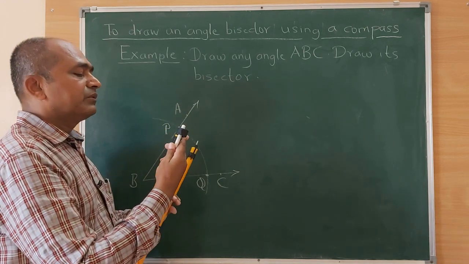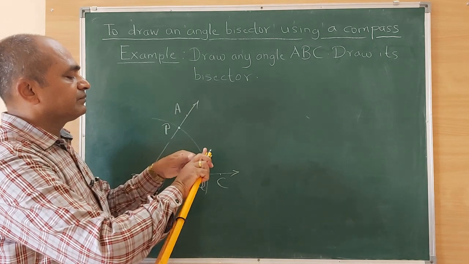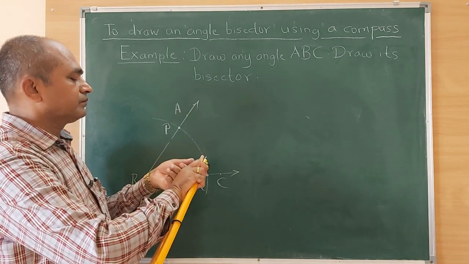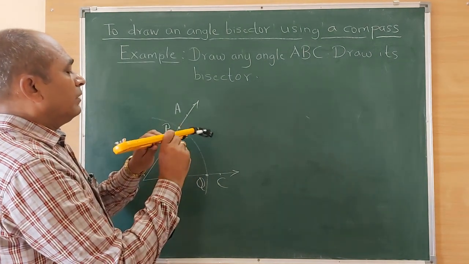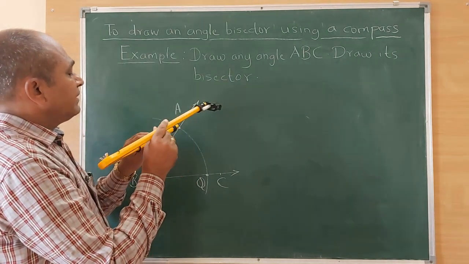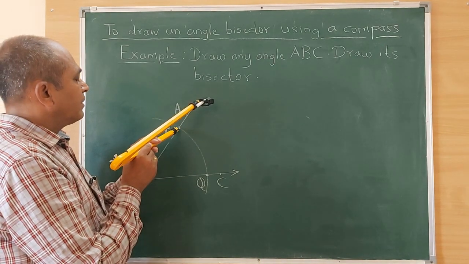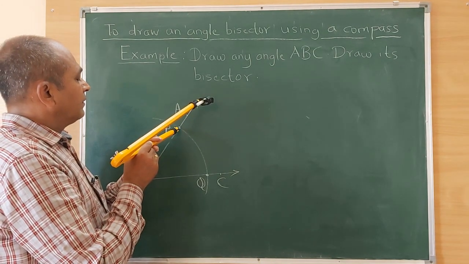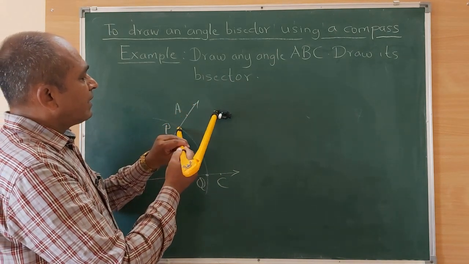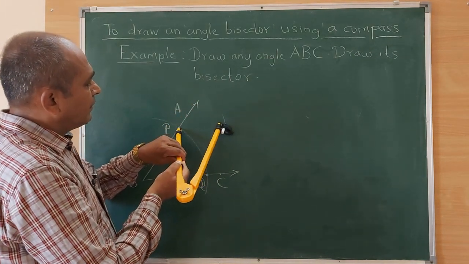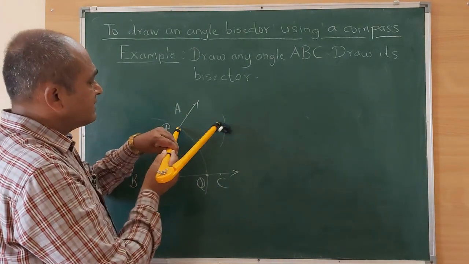I have to align the chalk piece first properly. So, by taking a convenient distance, put the metal tip of your compass on the point P and draw one arc inside the angle, not outside, inside.